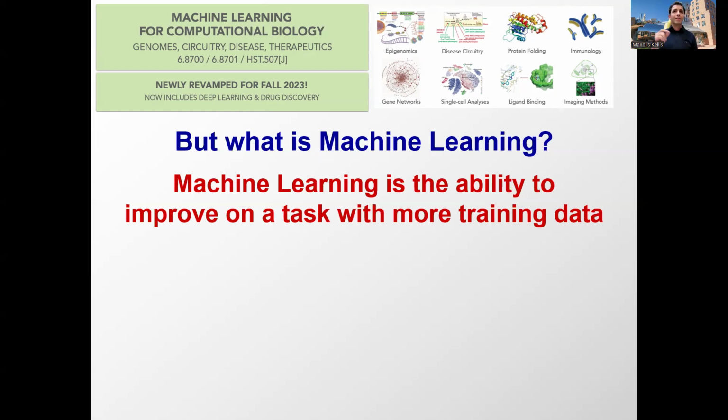But if that machine is not getting better with more data, it's not actually machine learning. Is everybody with me here? So that's the key idea. First, there's a task. Then it's about training data. And it's improving. Sounds good?